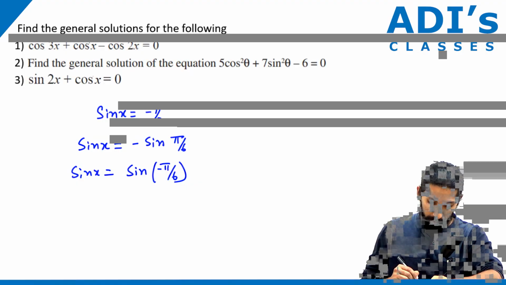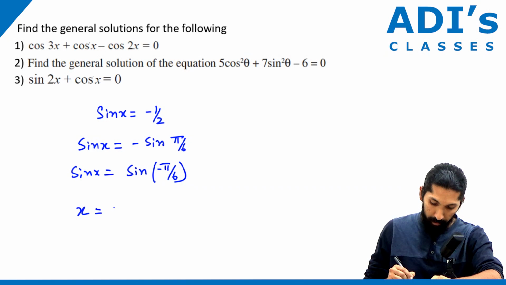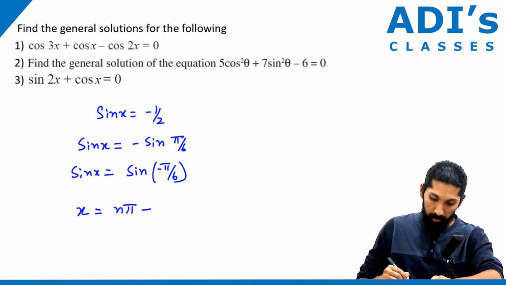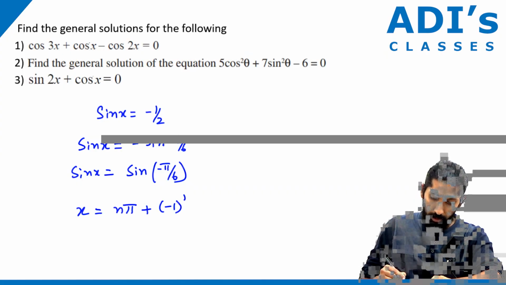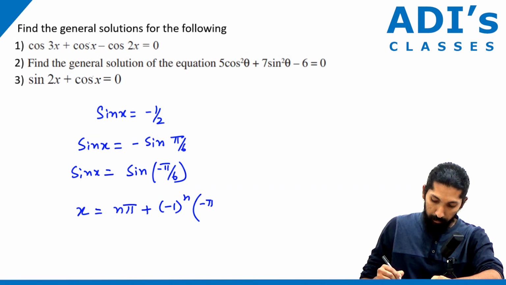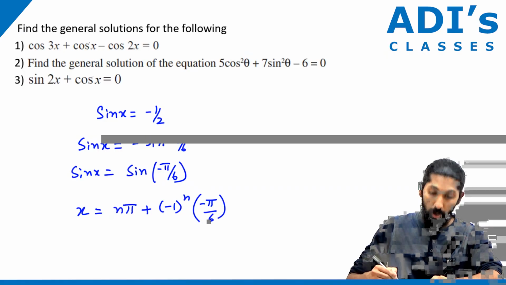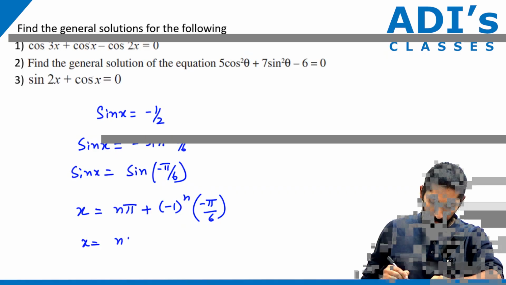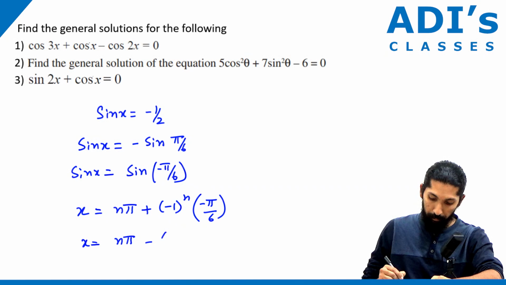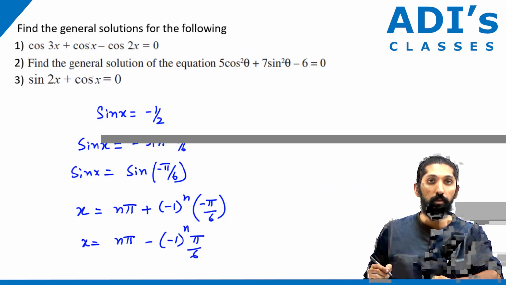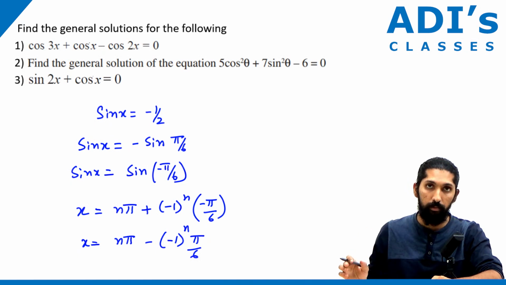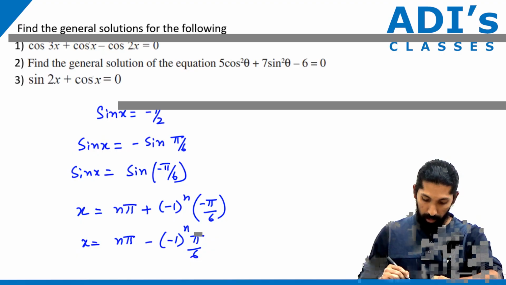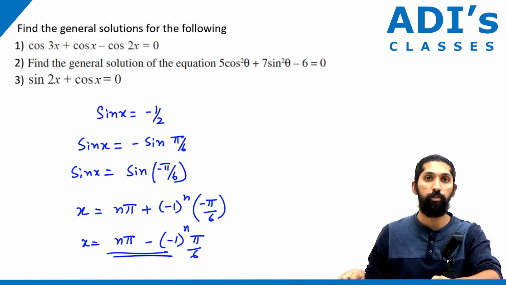So what we are going to get, x is equal to n pi plus minus 1 power n into minus pi by 6. Or the same thing can also be written as n pi minus 1 power n into pi by 6. This is going to give us the answer. Clear? So this is the answer for the third question.